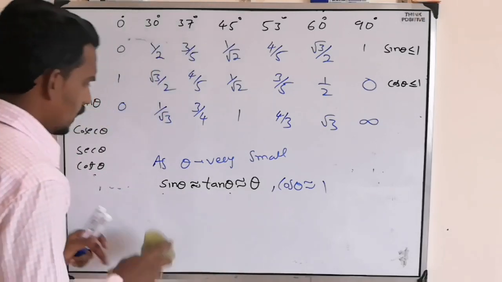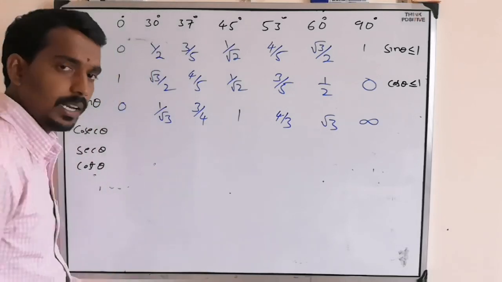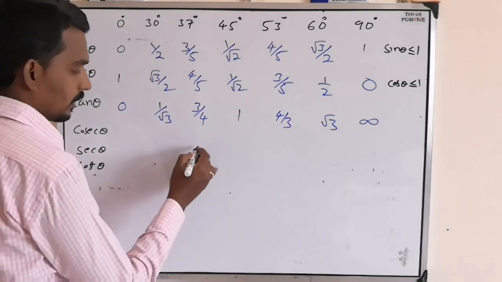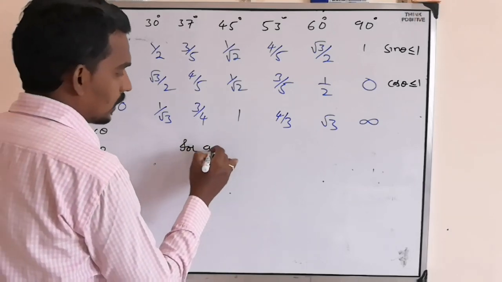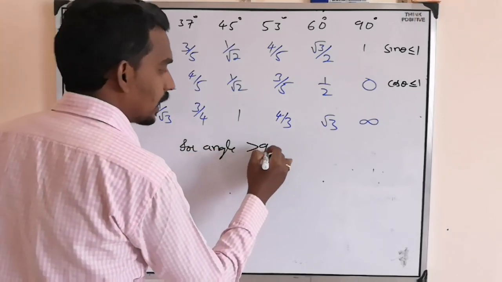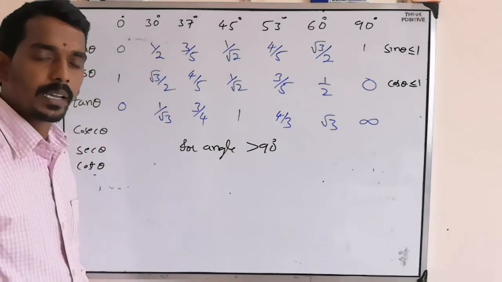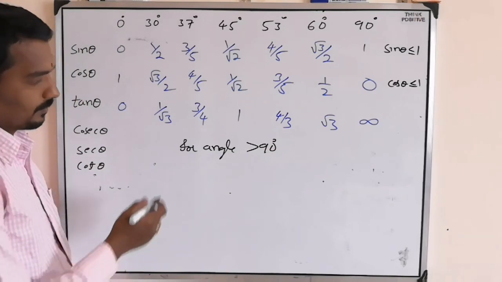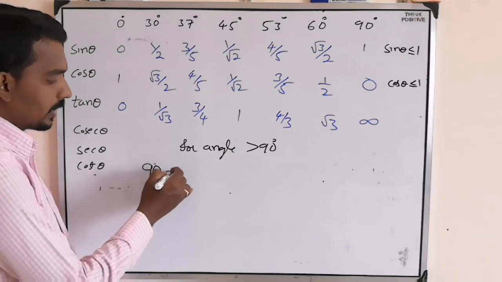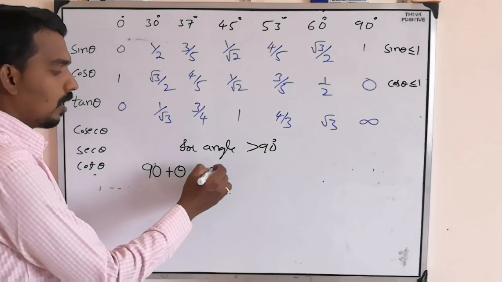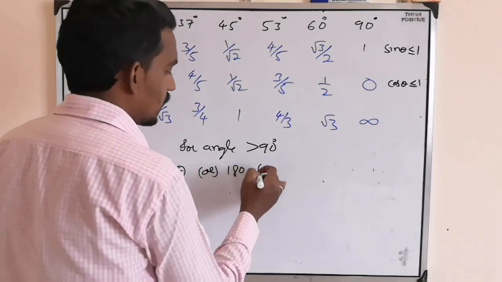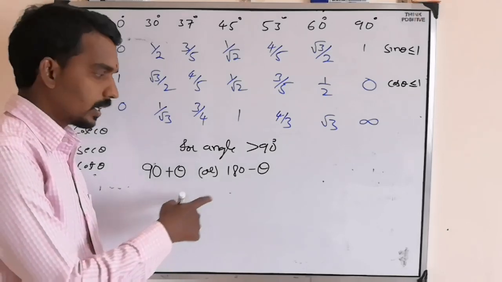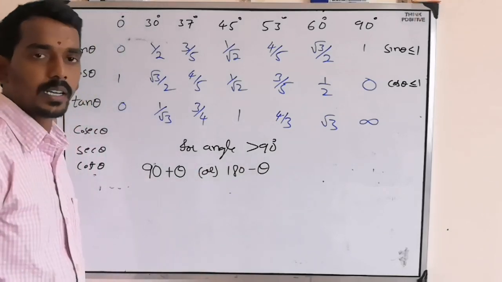Usually in physics they will give some angles greater than 90. For an angle greater than 90, you can always write it as 90 plus theta or 180 minus theta.